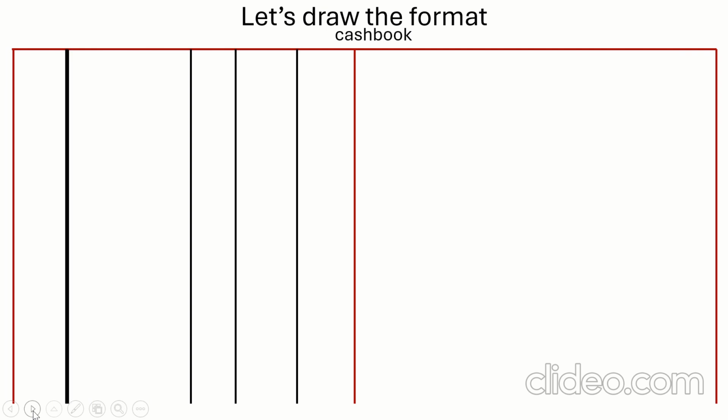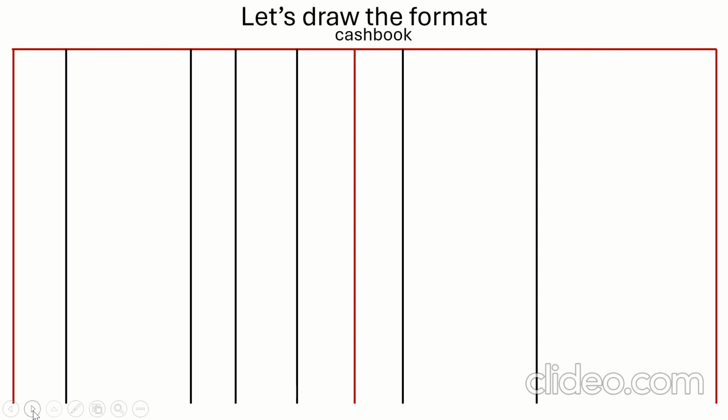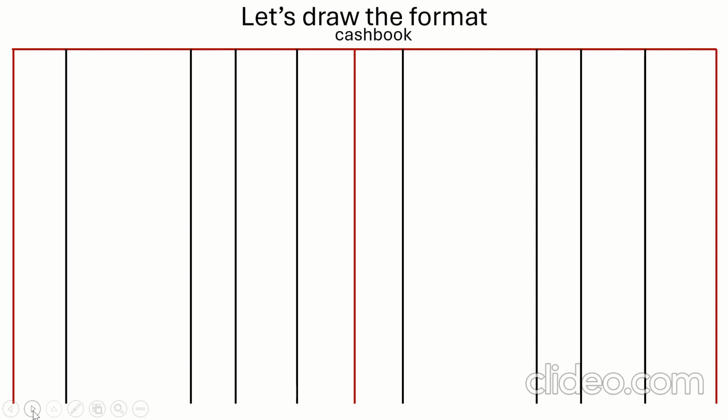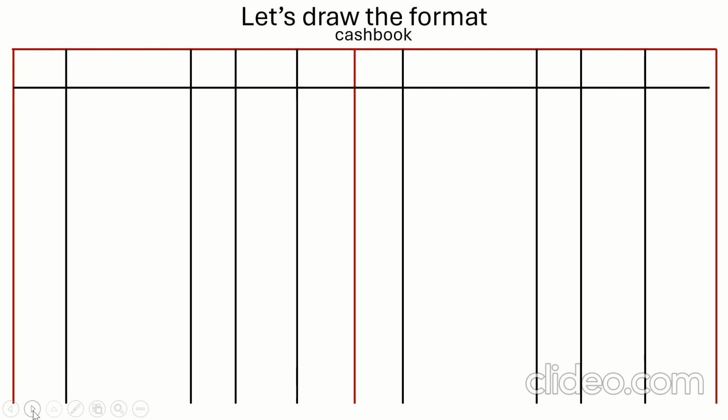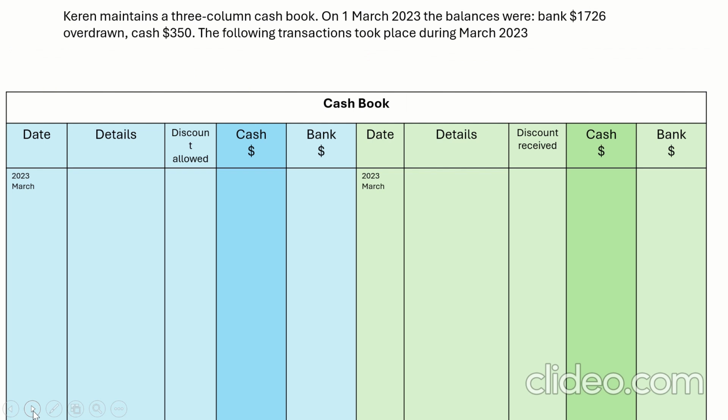And on the credit side, date, details, discount, cash and bank columns. Now label each one of the columns. So this is how the final output would look once you're done with drawing the format of a cash book.